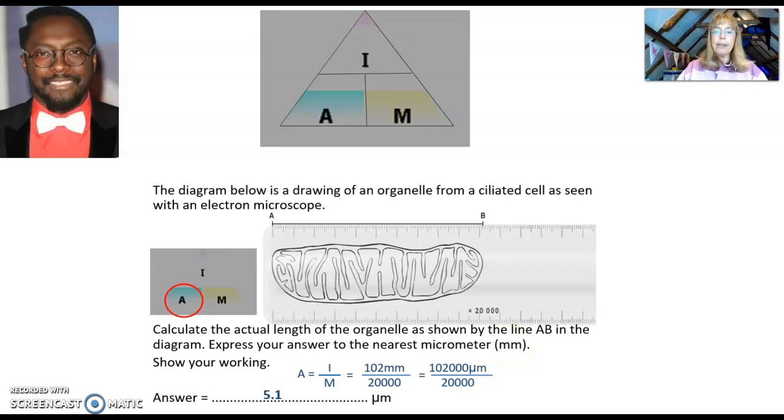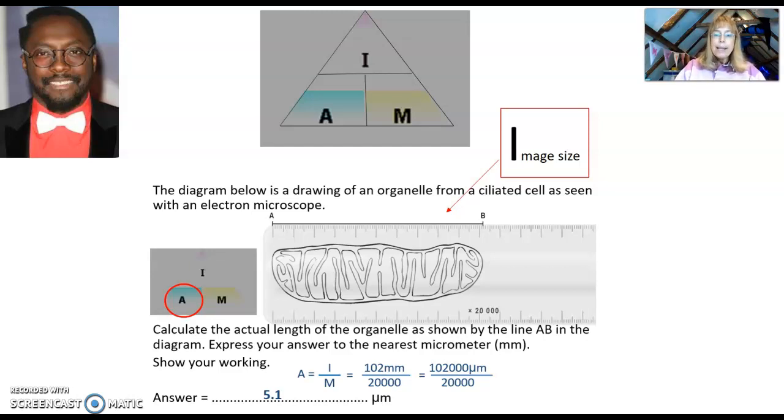Okay, so let's just think about this first. If I'm calculating the actual size, from my triangle, I cover up the A, the I's at the top, so it's I divided by M, the image size divided by the magnification. So, using the ruler, and this is why you need a ruler and a calculator in your biology exam, you can measure the size of that mitochondria. And looking at it very, very carefully, it is 102 millimeters.